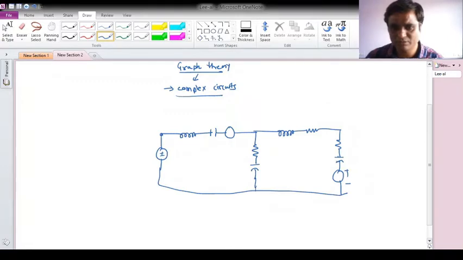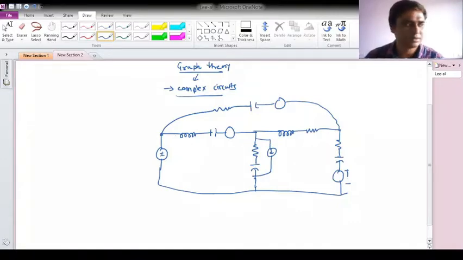Let us say this is somewhat complicated, and one more branch I'll add here with this voltage source, and suppose here one more current source like this. Now this is the network I have to solve.